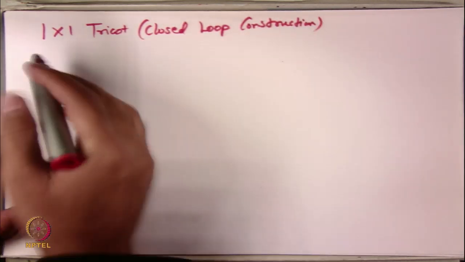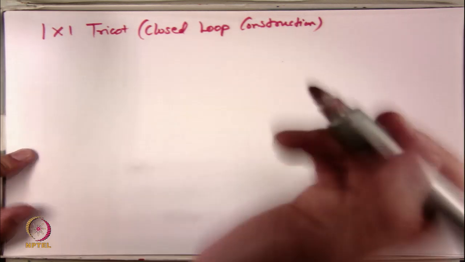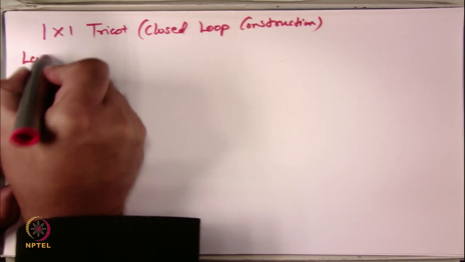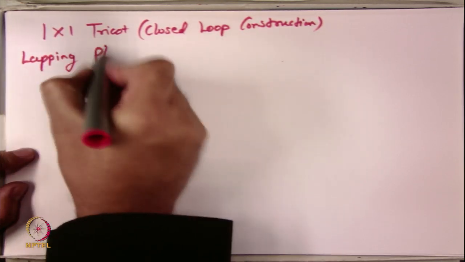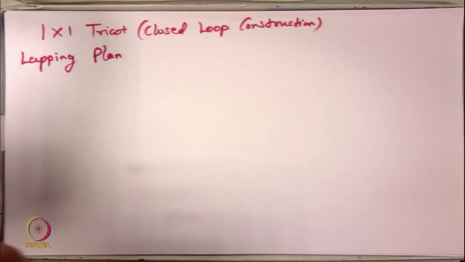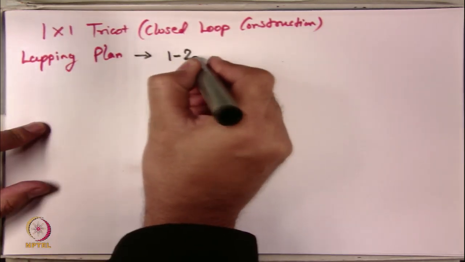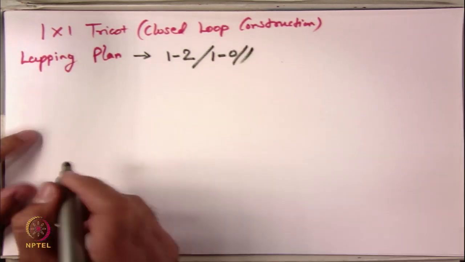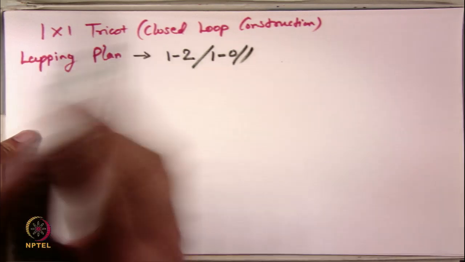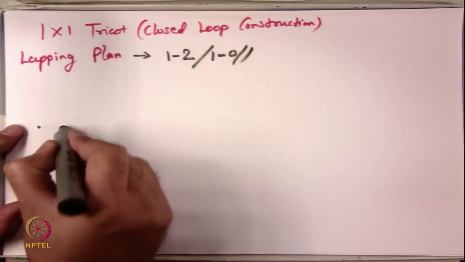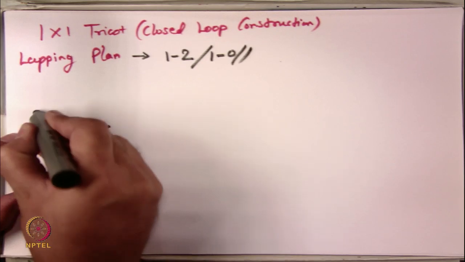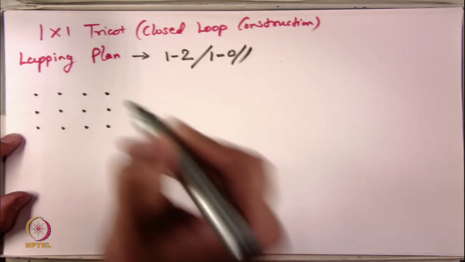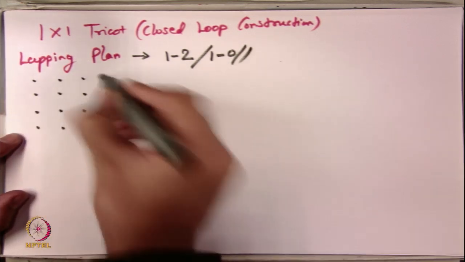Okay. So, if I have to create a 1 cross 1 closed loop construction, the first thing you want to do is get its lapping plan. The lapping plan for 1 cross 1 construction is 1 to 2, 1, 0. This is your lapping plan for closed loop construction, 1 cross 1 tricot, and for better visualization, you can use a lapping diagram as well, just for better understanding.